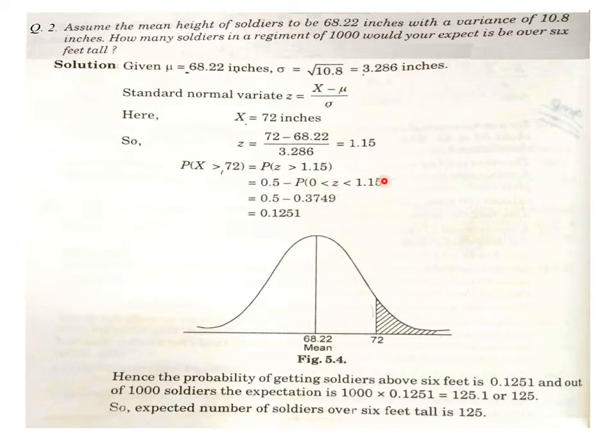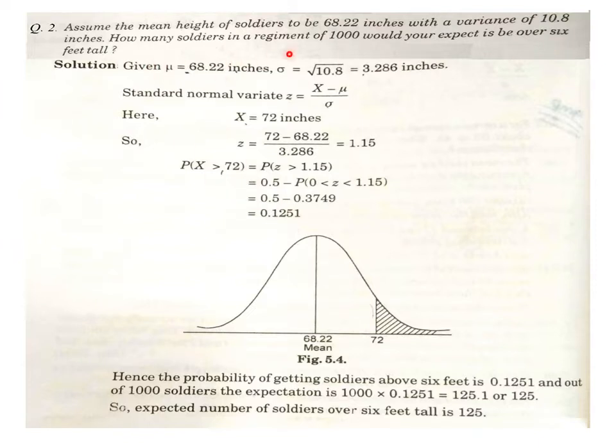That probability is in the model 0 less than z less than some positive value, which we find from the table. We have discussed how to read the table, and it is there with the previous lecture. If you check it, you will find the value for 1.15 from the table is 0.3749. That means the probability of any soldier being over 6 feet tall is 0.1251.